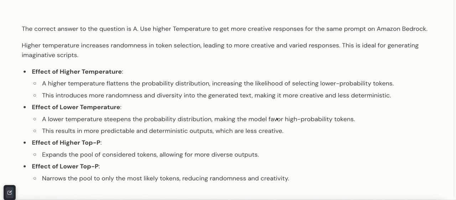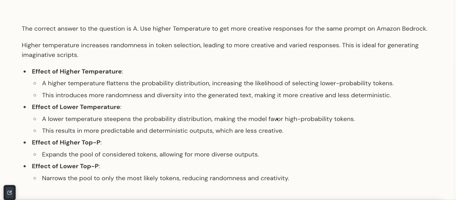The answer is A, higher temperature to get more creative responses for the same prompt on Amazon Bedrock. It's because higher temperature increases randomness in token selection, therefore getting more creativity. Higher temperature flattens the probability distribution, increasing the likelihood of selecting lower probability tokens. This introduces more randomness.